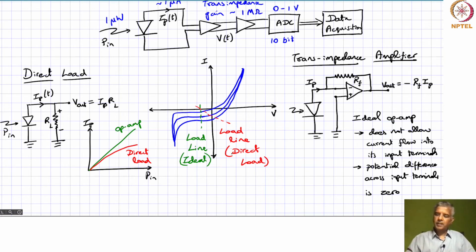In reality, all that we have talked about is actually the DC characteristics. When you're talking about AC characteristics, you are interested in the frequency response of your circuit.